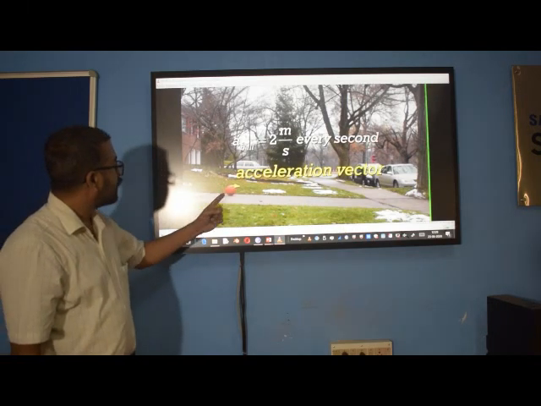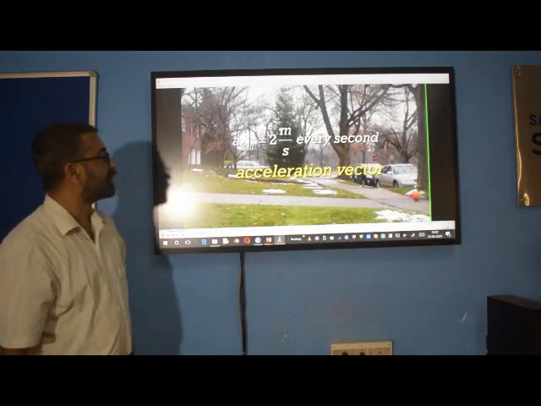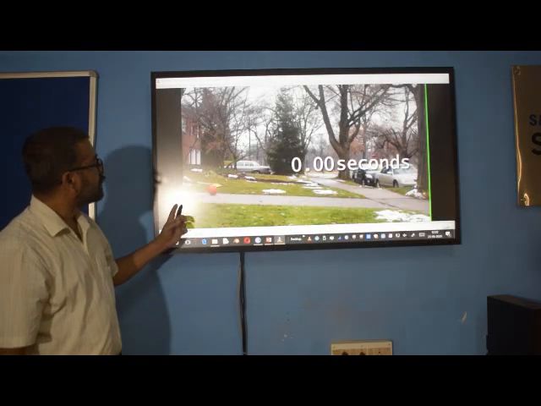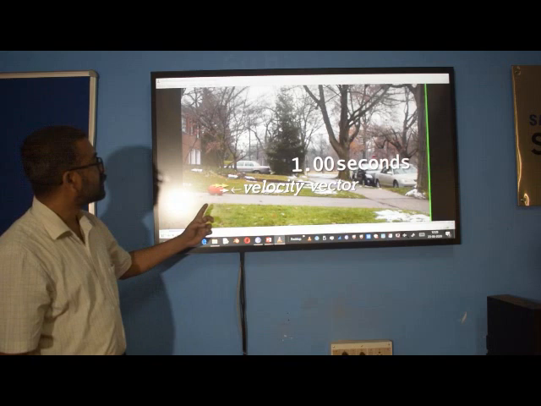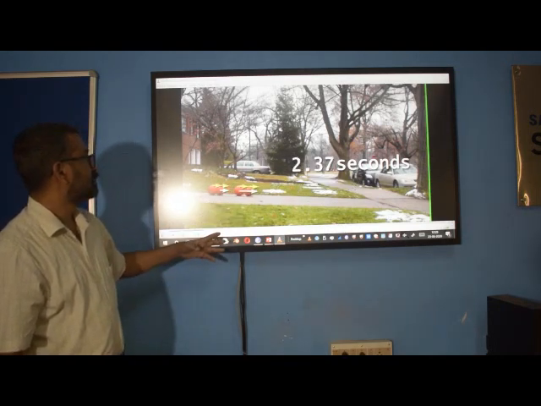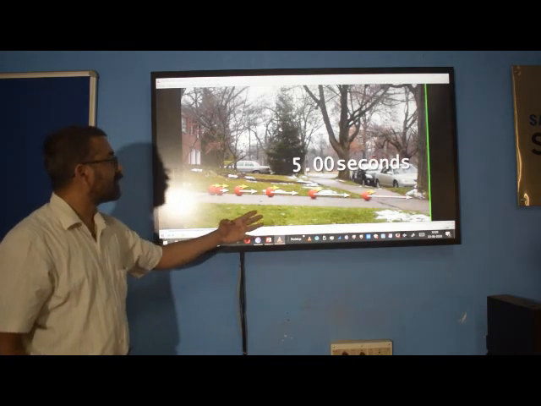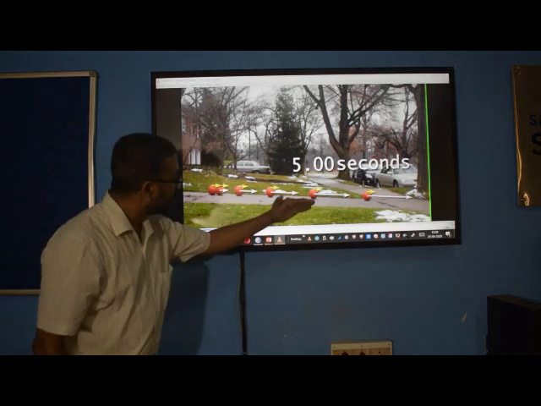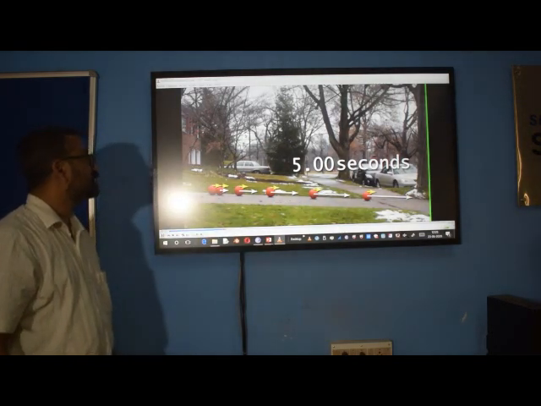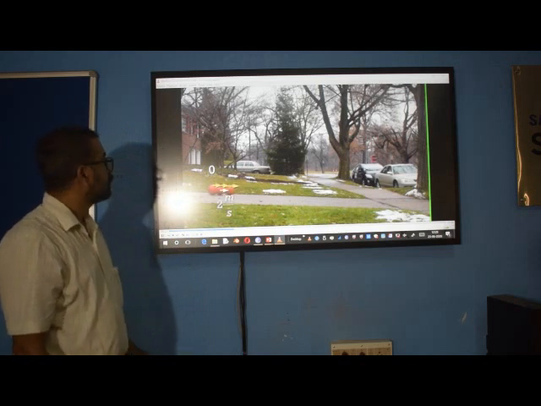It is going down. This arrow shows the direction of velocity. Now the velocity increases at a constant rate. After each second, velocity increases. And the direction in which the velocity increases as well as the direction in which it is moving is the same. So we can say that acceleration and velocity are in the same direction.